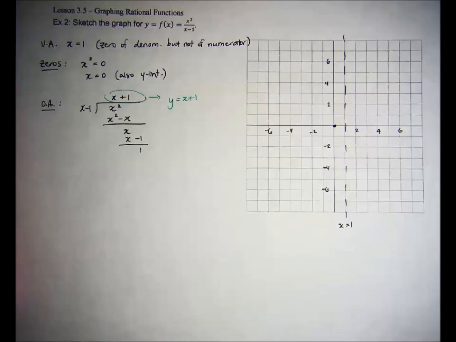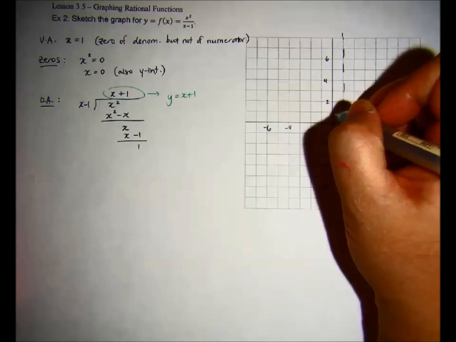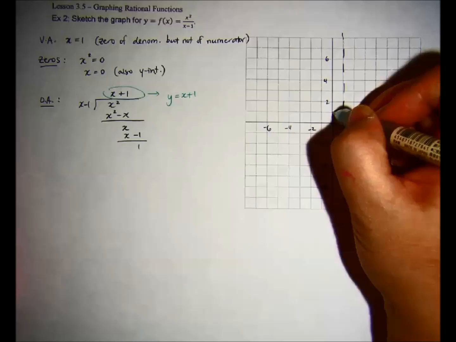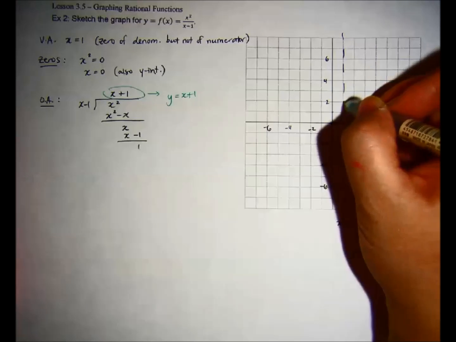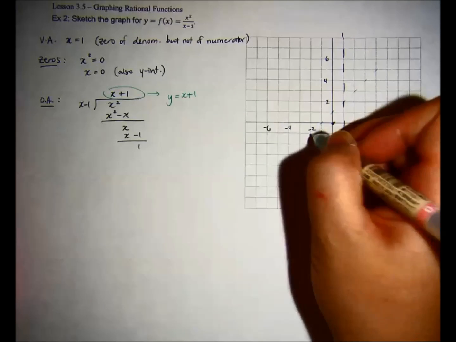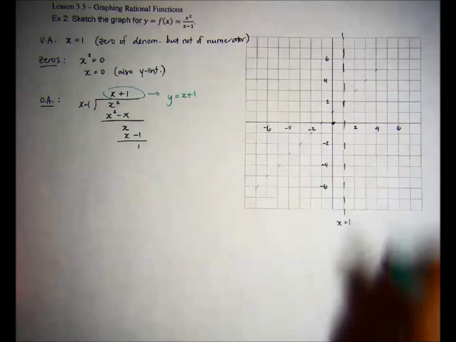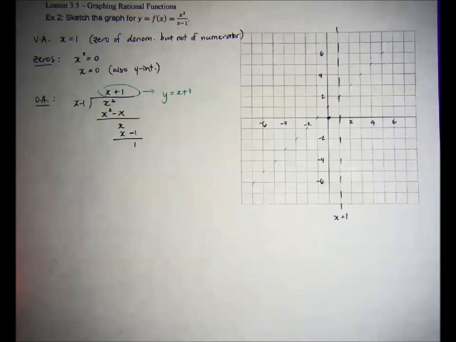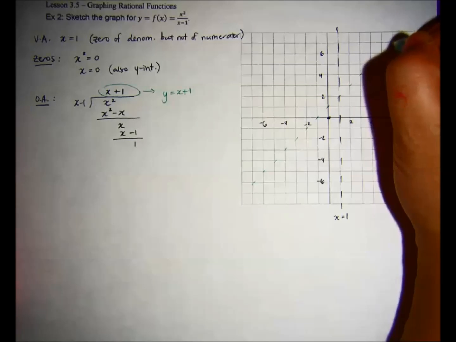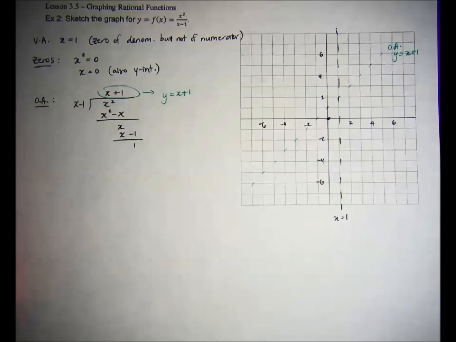That was the quotient once we divided. And x plus 1 is a line with a y-intercept of 1 and a slope of 1. So it's essentially going to be a line that looks like this. So we figured out whatever we can just from the original function equations.